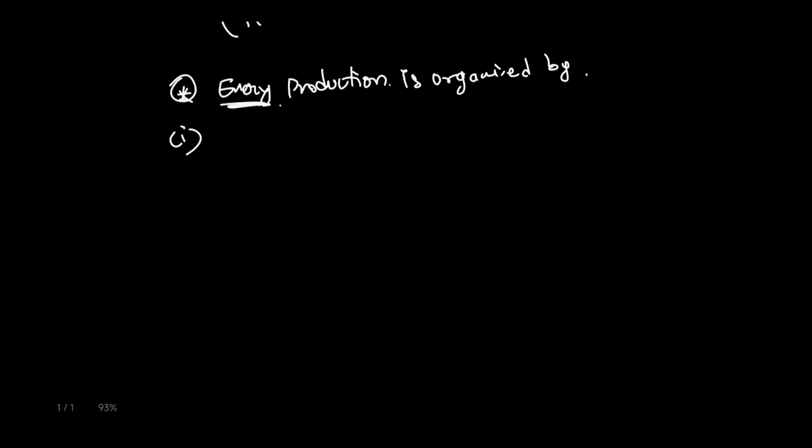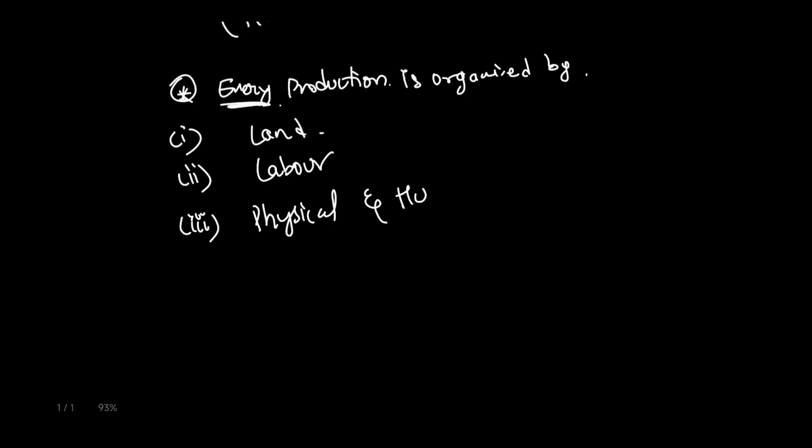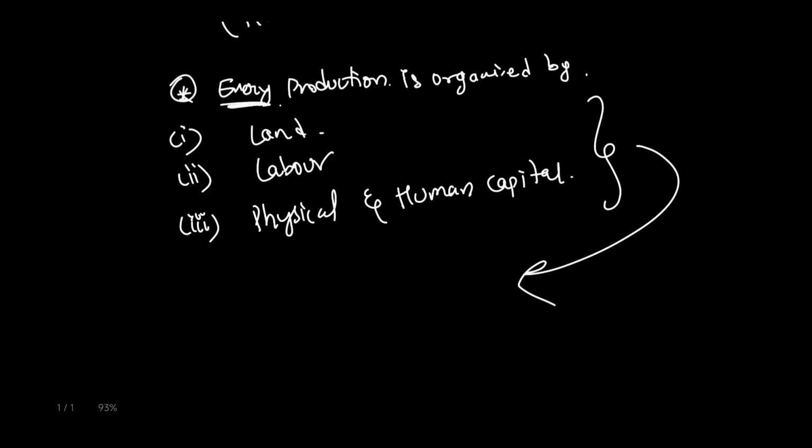So now, from what we have learned till now, mind this, every production is organized by land, labor, physical and human capital, which are known as factors of production.